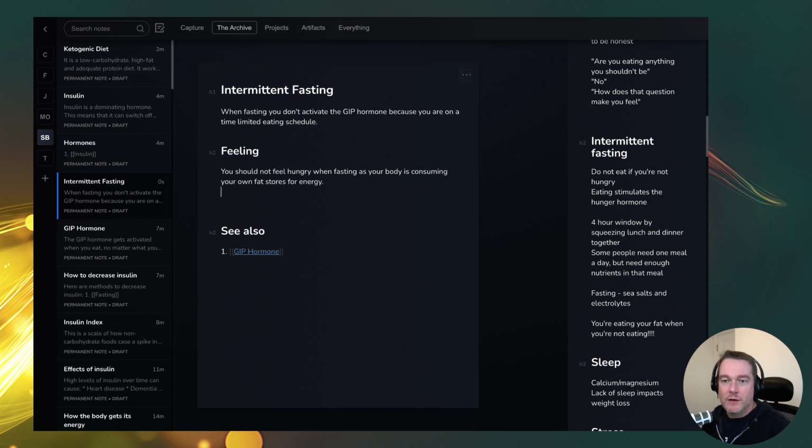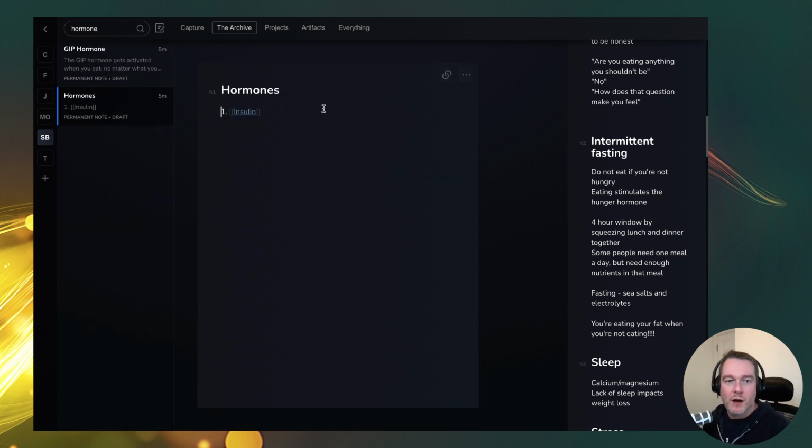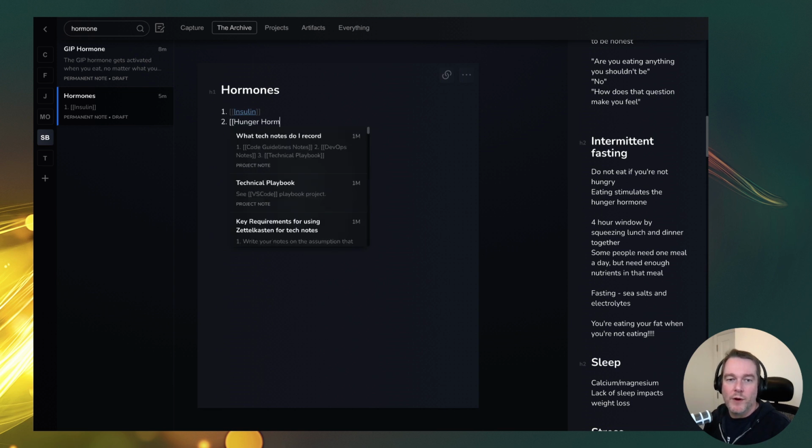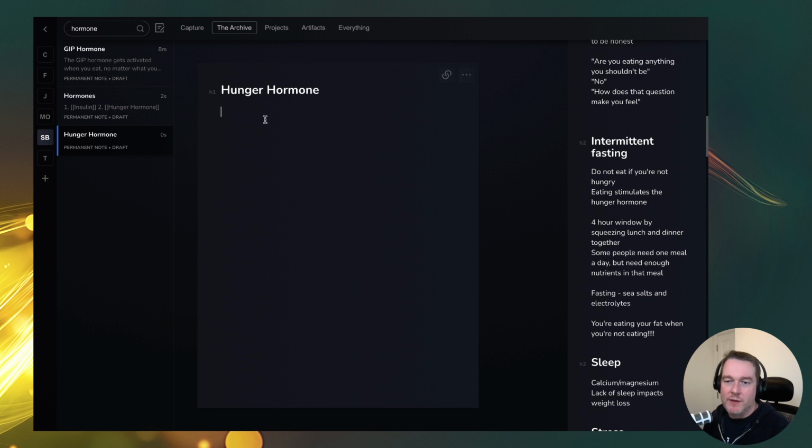Now, hunger hormone. So let's have a look at hormones here. Let's put the hunger hormone. Once I understand the proper names of these things, I can rename those and fill up that map. But eating stimulates the hunger hormone.